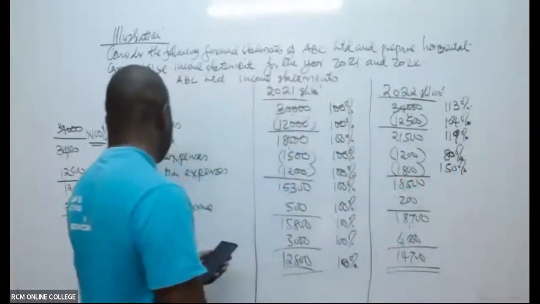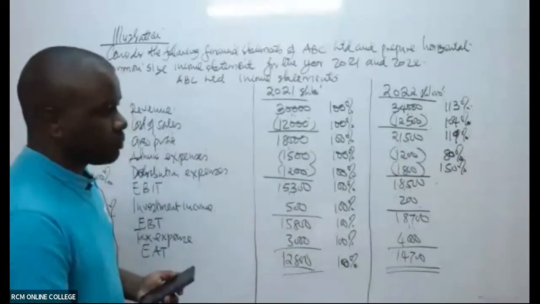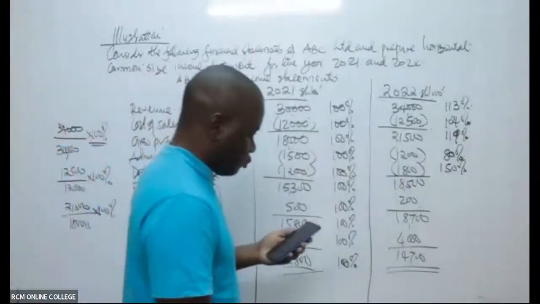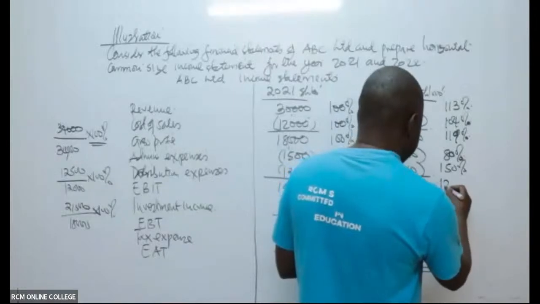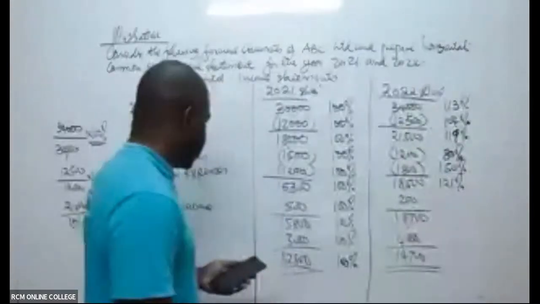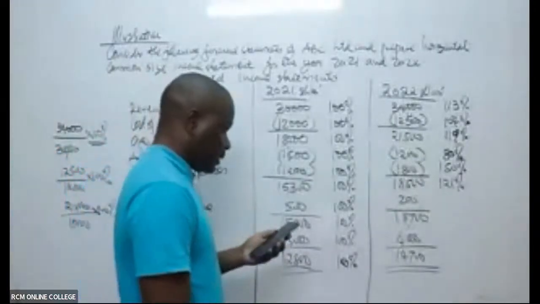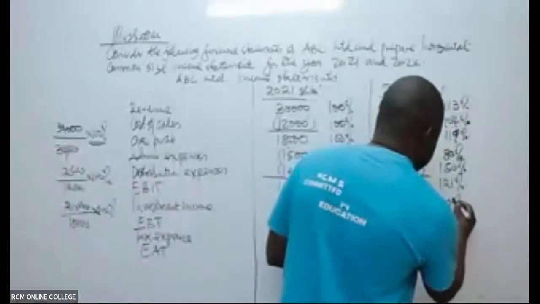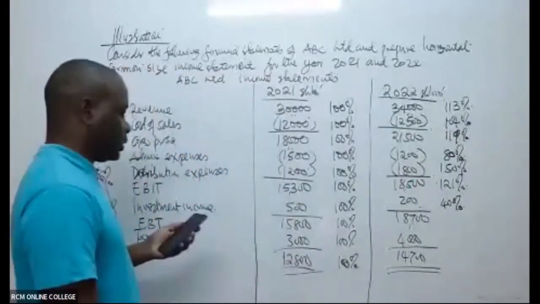And for EBIT, it is 121. What about investment income? Investment income, 4%. Then 50%.